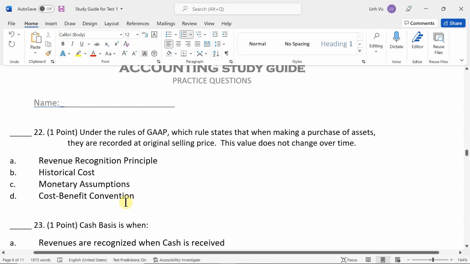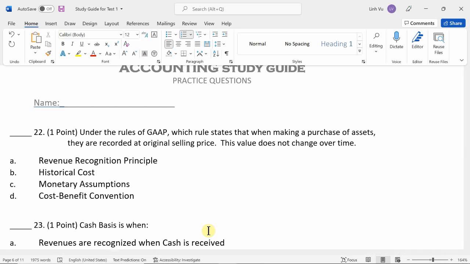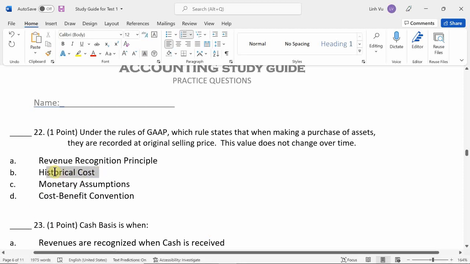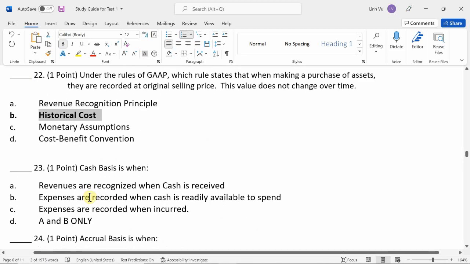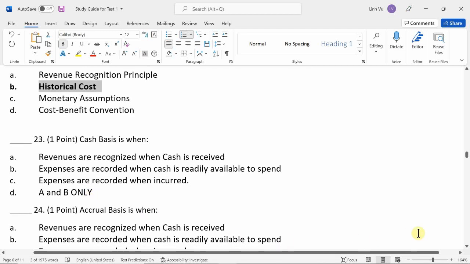Number 22, under the rules of GAAP, which rule states that when making a purchase of an asset, they are recorded at original selling price, the value does not change over time? Historical cost. Historical cost, yes. Good. Question number 23.